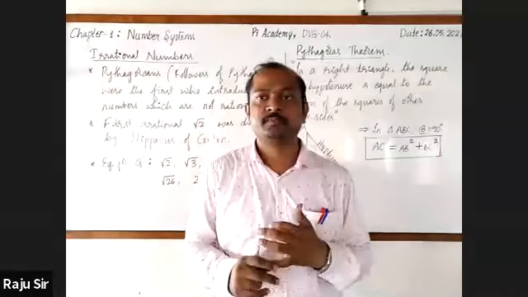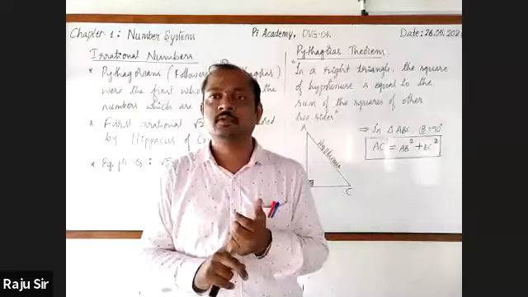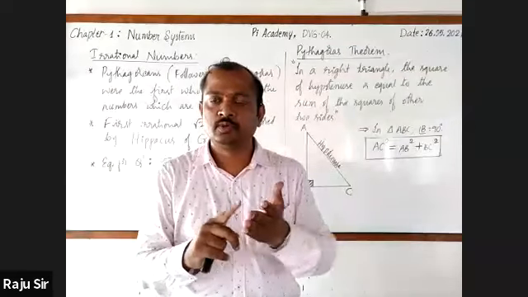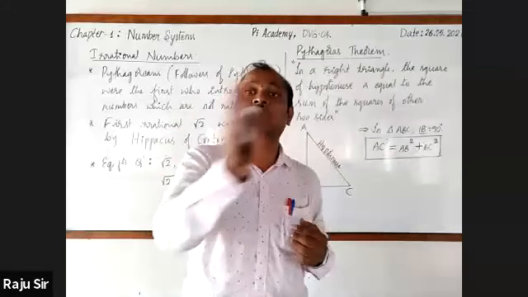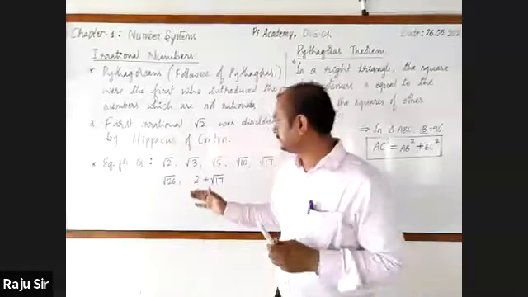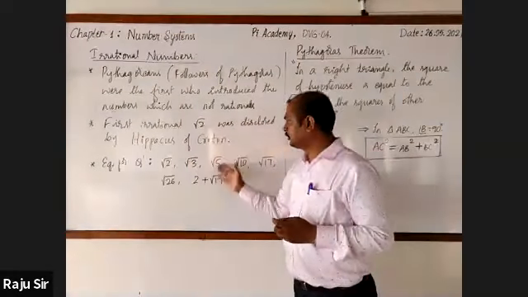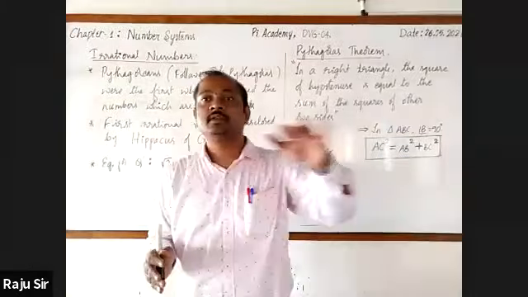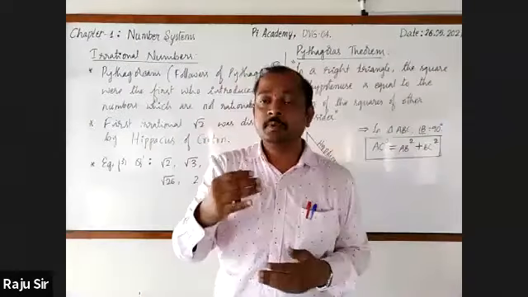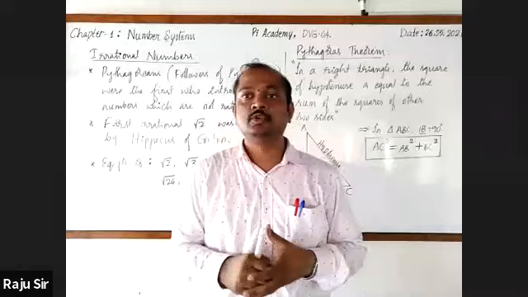Dear students, this Pythagoras property is very important. This will be used for locating the irrational numbers on the number line. That is root 2, root 3, root 5, root 10, and all these will be represented on the number line. So we will discuss this in tomorrow's class.